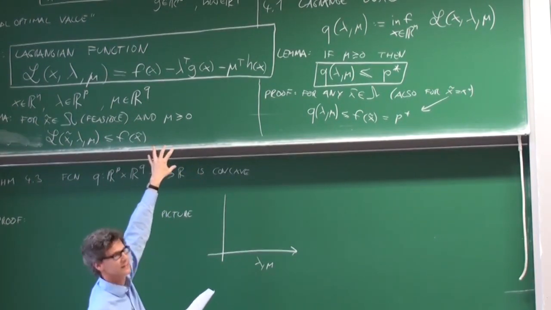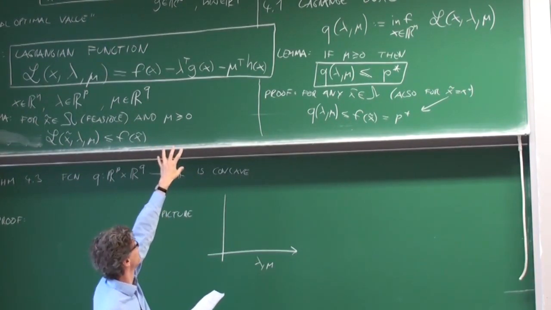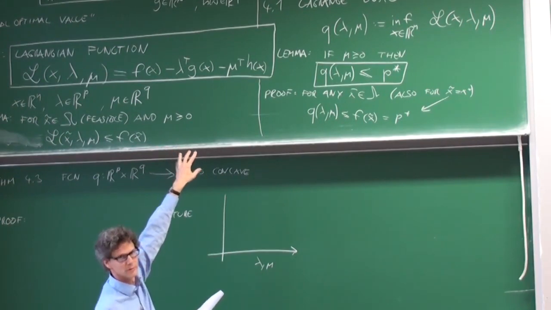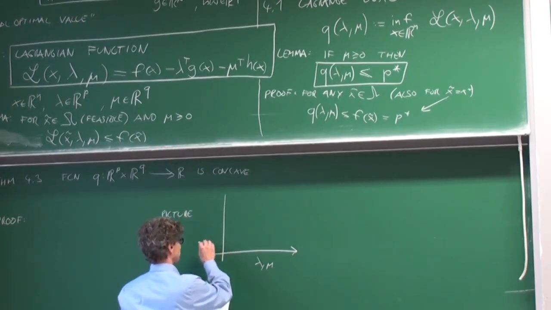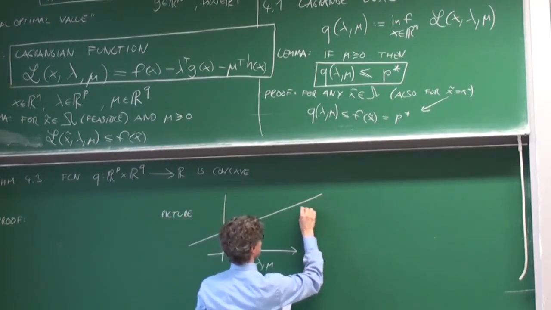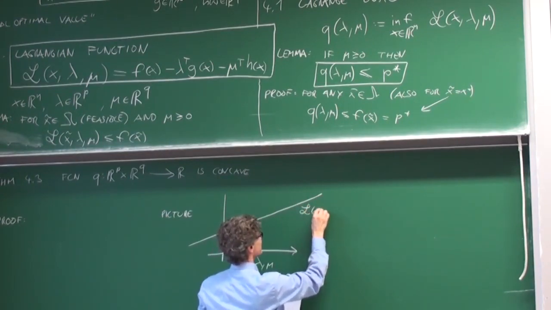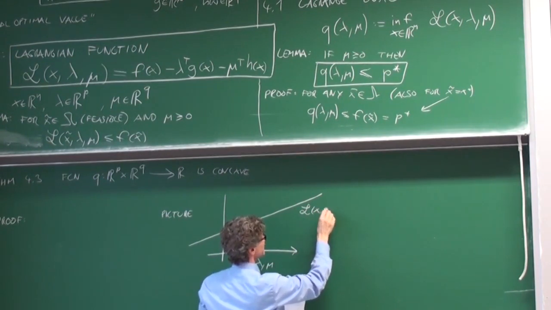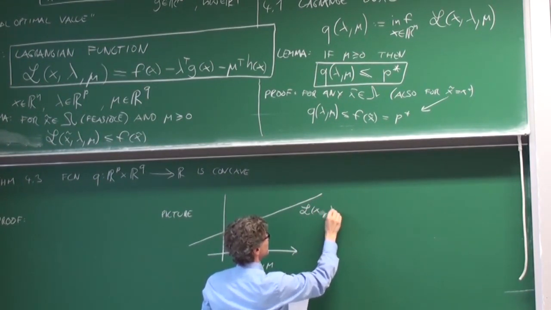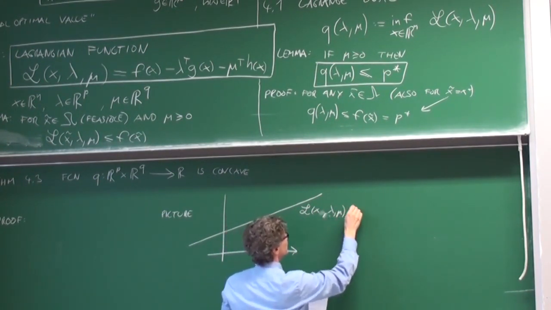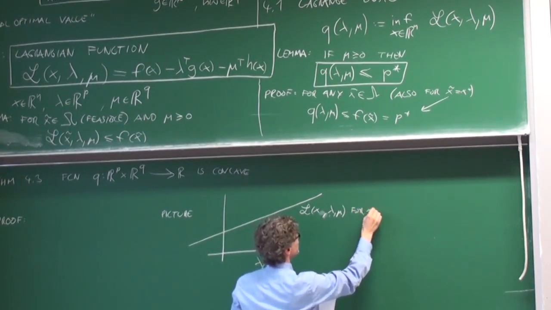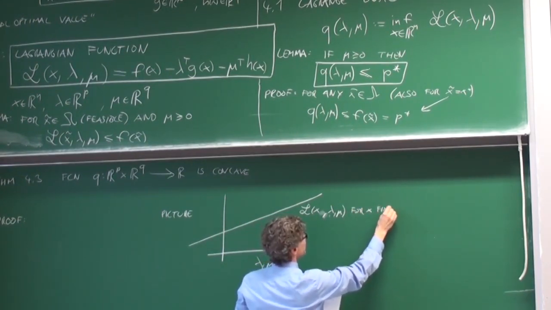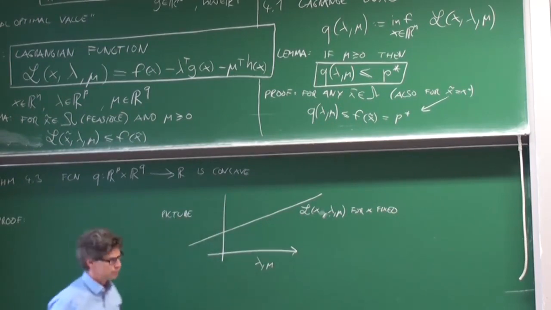So when I fix x, it's a linear function in lambda and mu. This is L of x1, let's say, for some x, lambda, mu for x fixed. That's just a fact, because by definition it is linear in lambda and mu.